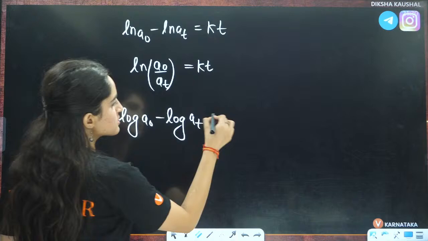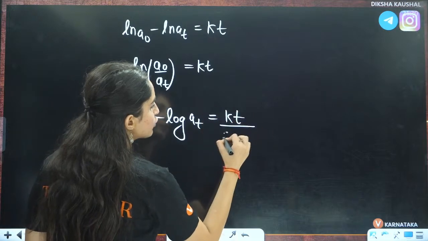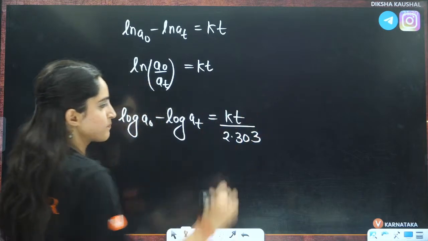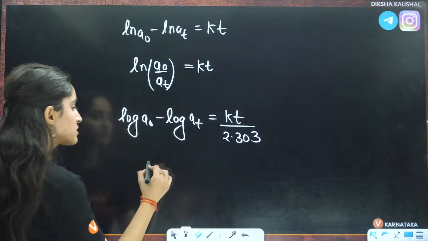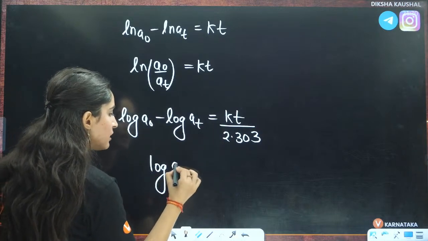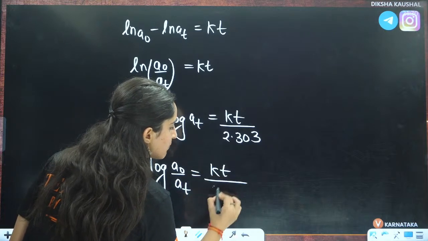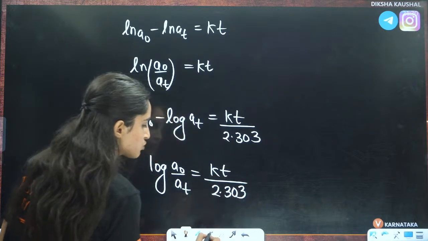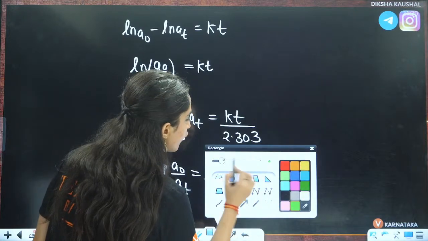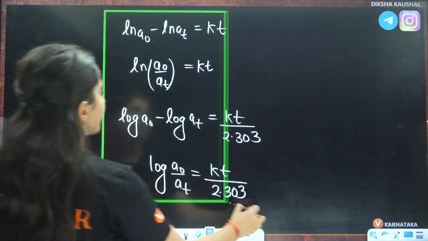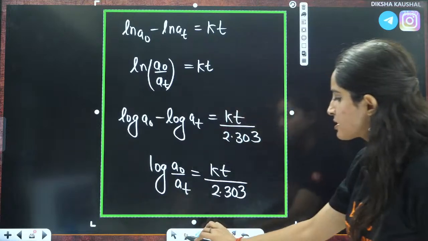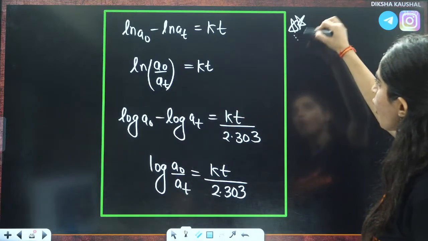So I can write it as Kt by 2.303. Or I can even write it as log base 10 A naught by At equals Kt by 2.303. And these are the four very important formulas for first order reaction.